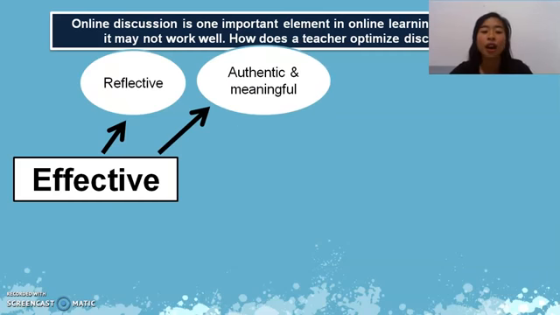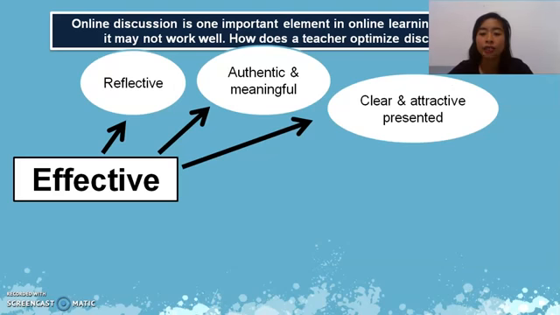The second one is authentic and meaningful material. Authentic and meaningful material means that the material is related to the real-world circumstances of the learners. So the learners will think that this material needs to be mastered.